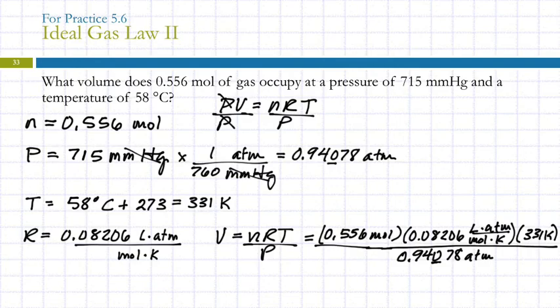I've underlined that third significant figure there to remind myself that the pressure had 3 sig figs. Before I do any math, I'm going to check the units. The moles cancel. The Kelvins cancel, the atmospheres cancel, and I'm left with liters.